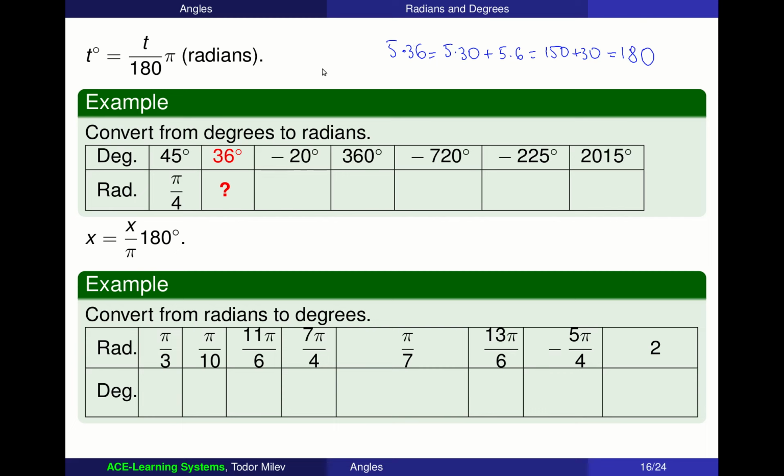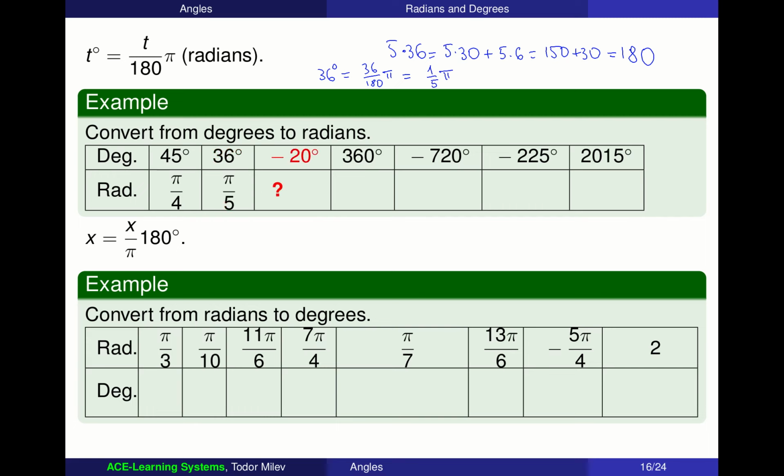So 36 degrees is the same thing as 36 divided by 180 times pi, which is 1/5 times pi, because 5 times 36 is 180. So 1/5 of pi radians. Pi over 5 radians.